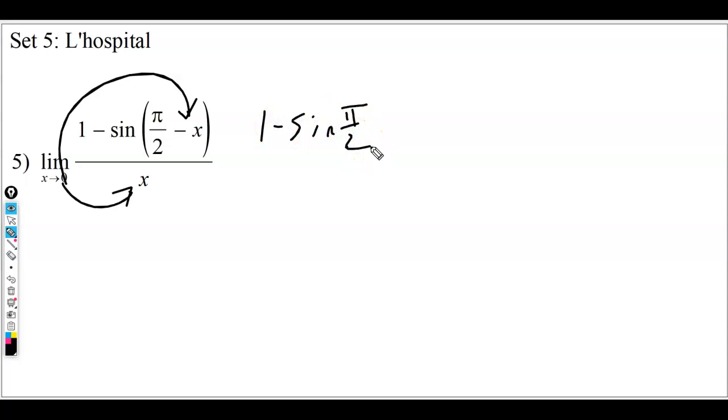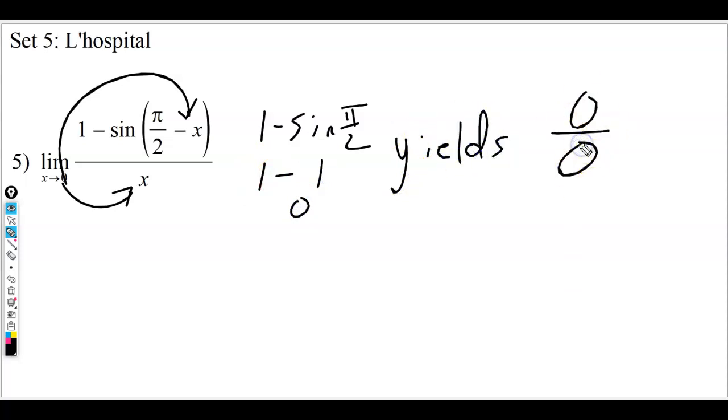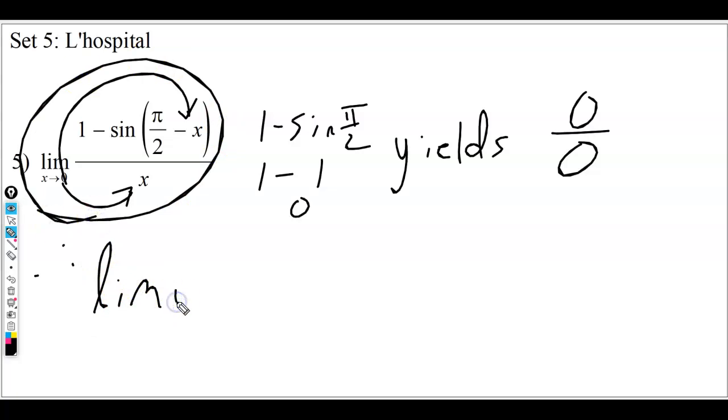Sine of pi over 2 is 1, and so you get 0. So you end up with 0 over 0, and therefore, by L'Hopital, we could say that the limit above is the same thing as the limit of the derivative of that expression on the top and bottom.